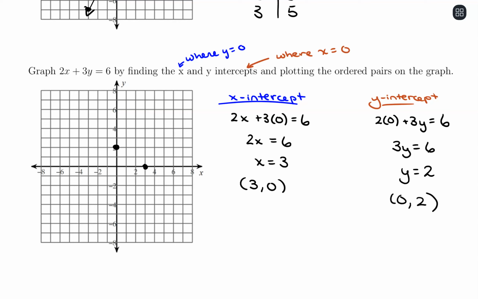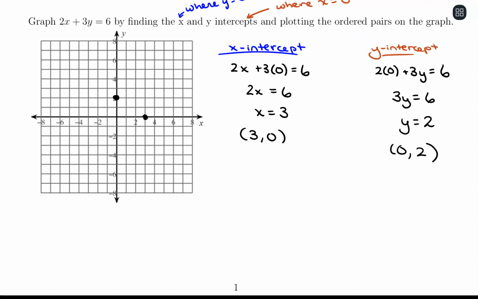What is helpful is grabbing another coordinate just to check that we're on the right track there. So let's say we grab a 3rd point. Really we could choose any value for x.